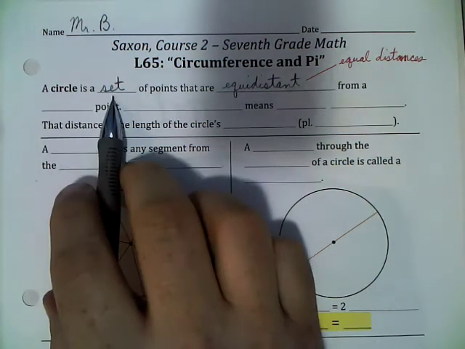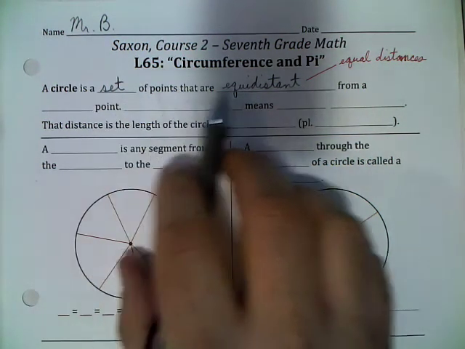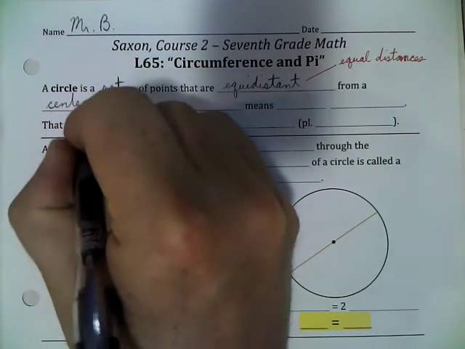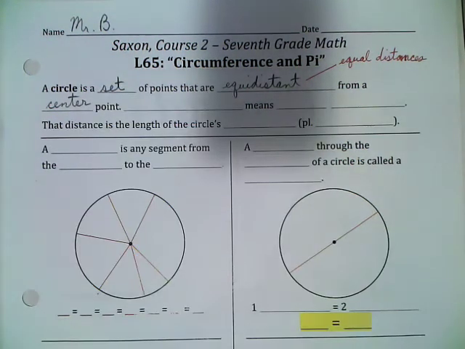So it's a set, a collection, a group of points that are equidistant from a center point. So one point in the center and all the rest are the same distance away.